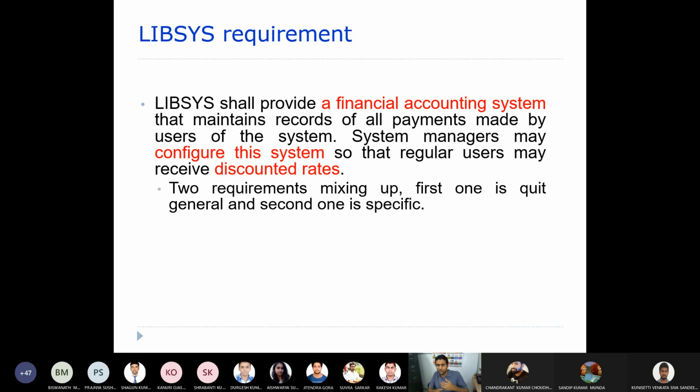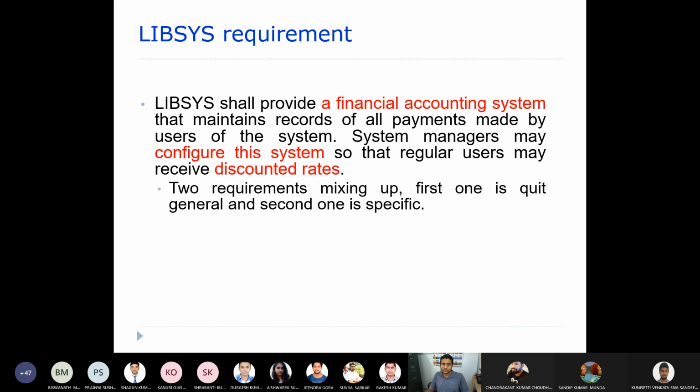Discounted rates and these sorts of things do not come under the financial accounting system. That means we are trying to mix up two requirements, which is not a good thing. It creates confusion.